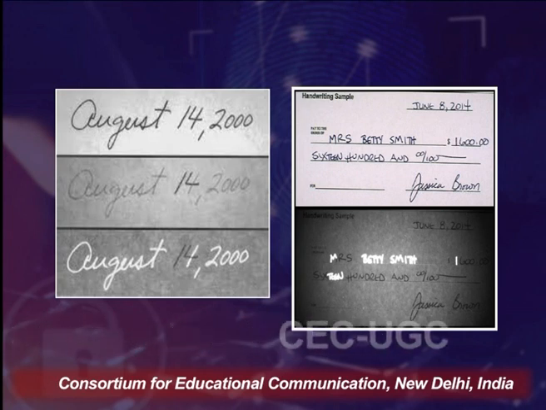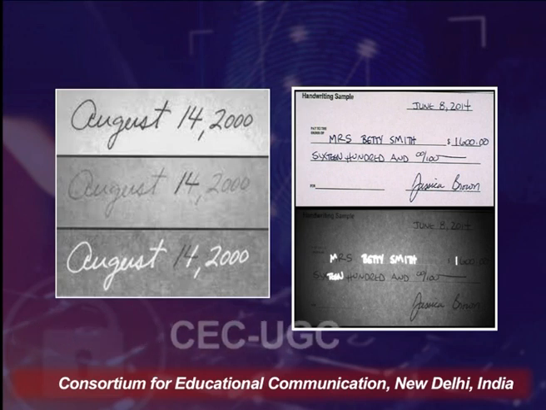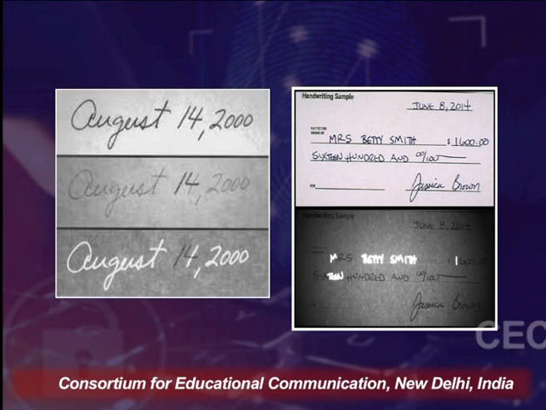If you see this check in normal light, it will look similar, as if it is written with a blue pen. But when it is analyzed under the video spectral comparator, under different wavelengths, you can see that the addition and obliterations have been done, or the alteration has been made, on this particular check.